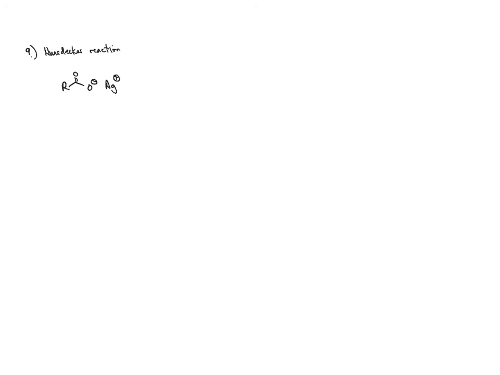So what you normally do here is you take a carboxylic acid and you treat it with silver oxide, and that is going to generate your silver carboxylate plus water. And it's this silver carboxylate which is going to be your starting material in this reaction.